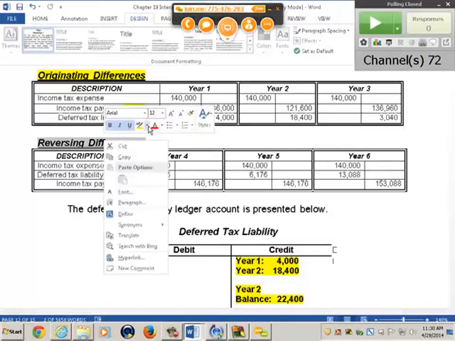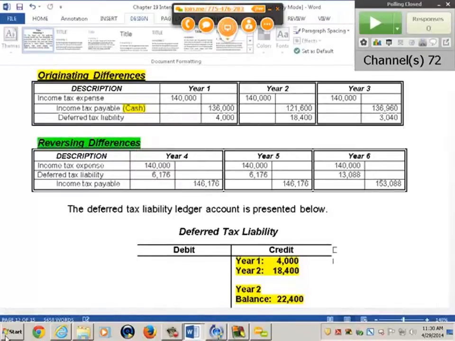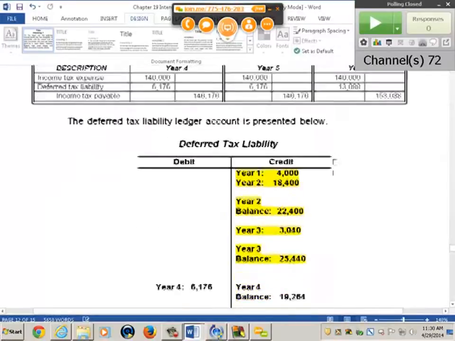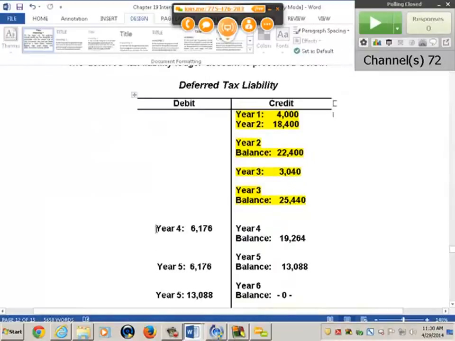Then when you get into the reversal period, you're going to have more tax paid than the expense. So you debit tax expense for 140 in year 4, but then you debit the DTL because it's being reversed. So now in the reversal period, you'll start to see this come off.